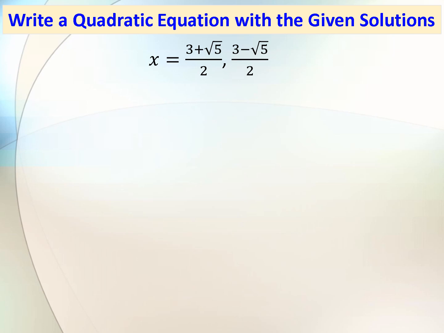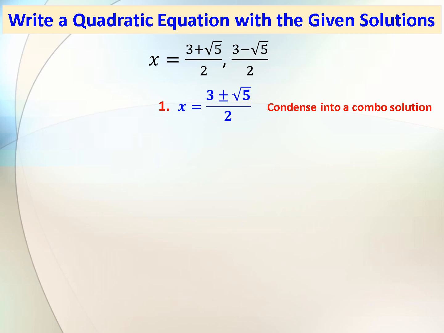And I'm like, dude, those are the same expressions, except one's plus, one's minus. So the first thing I'm going to do is combine that into a combo solution. So I'm going to turn that back into 3 plus or minus the square root of 5 over 2.